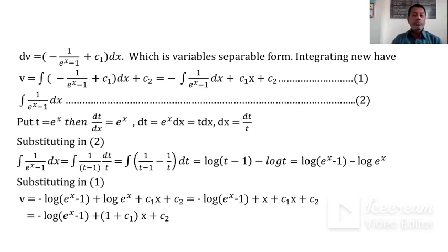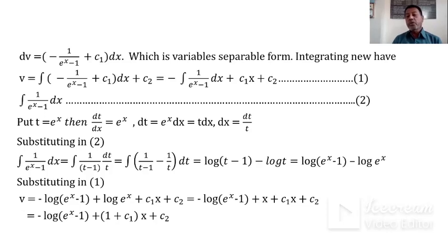For this purpose, we take the substitution, put t is equal to e to the power x, or you may take t is equal to e to the power x minus 1. You decide yourself. I have taken t is equal to e to the power x. Then dt by dx is equal to e to the power x, or dt is equal to e to the power x dx, but e to the power x is t.